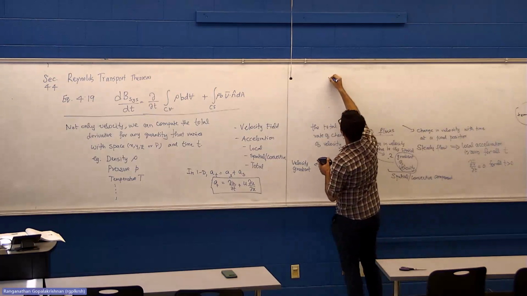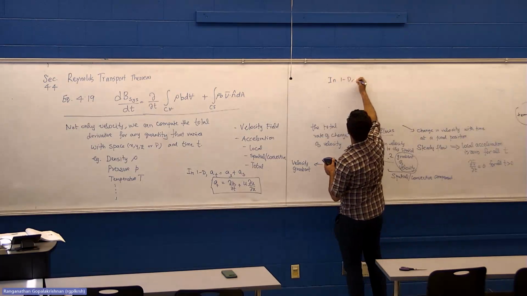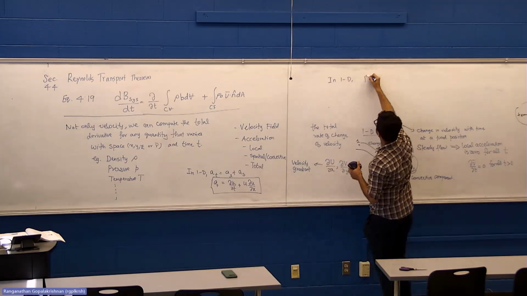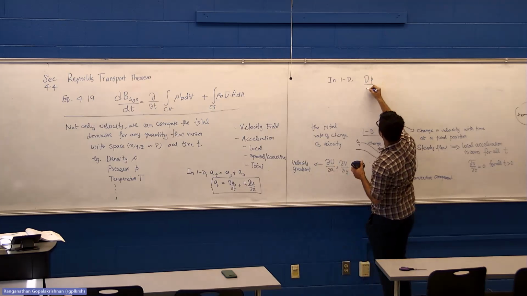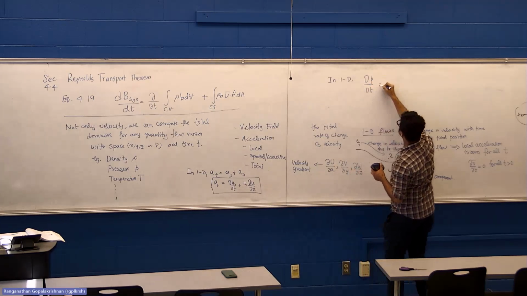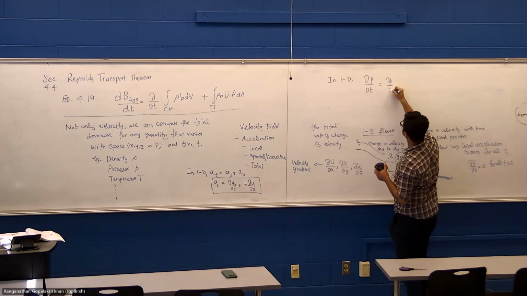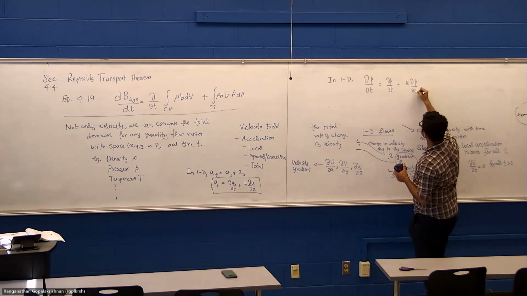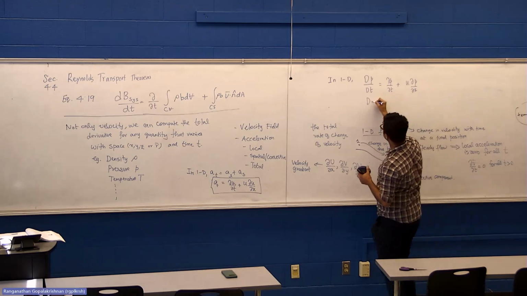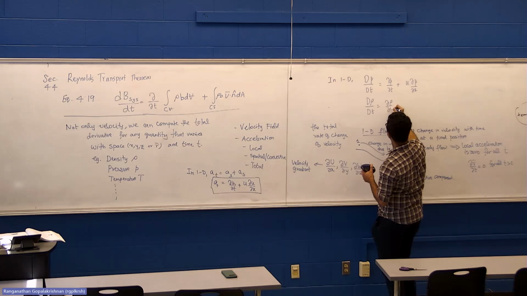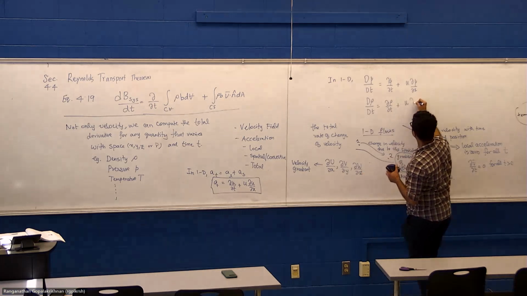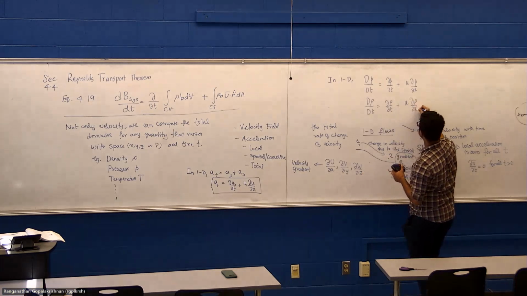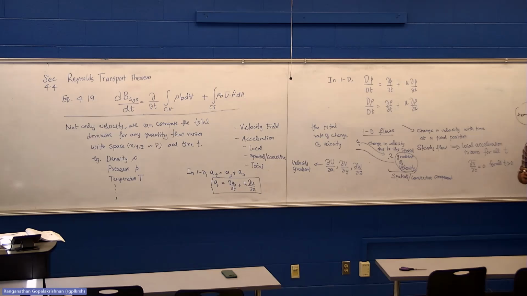So in one dimension, let's say we think about the total derivative of pressure. This is the local plus the spatial. So our total derivative of density, that is the local plus the spatial. Now take a moment, look at this.